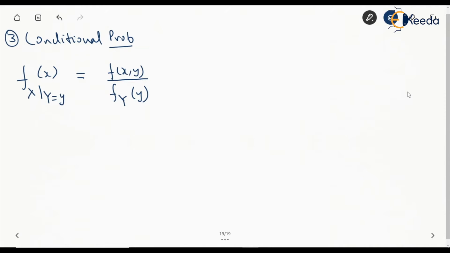Very simple. We know the marginal probability, we found it to be 5y to the power of 4, and we know f as 10xy square, given in the question. So this is 10xy square divided by 5y to the power of 4, which becomes 2x by y square.